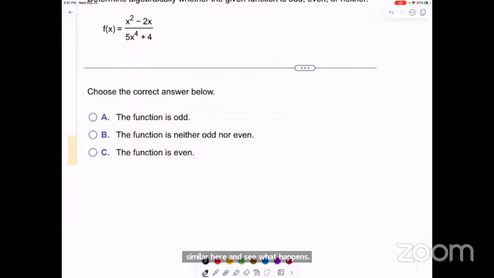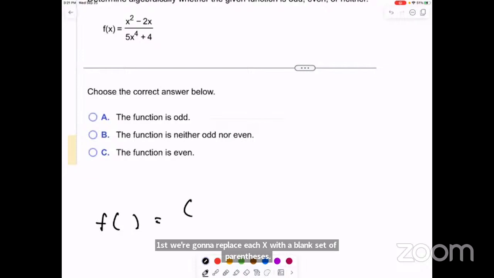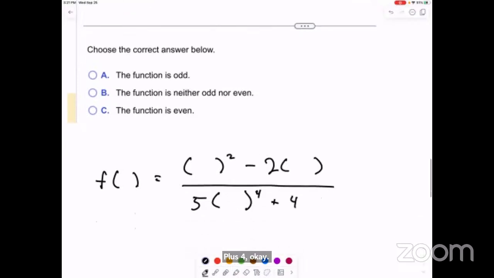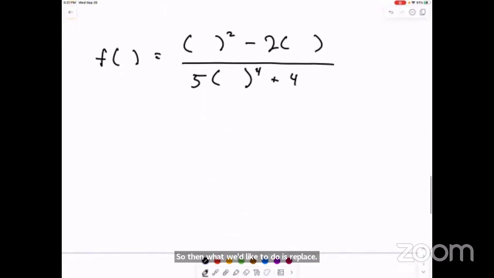We've got x squared minus 2x over 5x to the power 4 plus 4. Then we want to plug in a negative x into each blank parentheses.